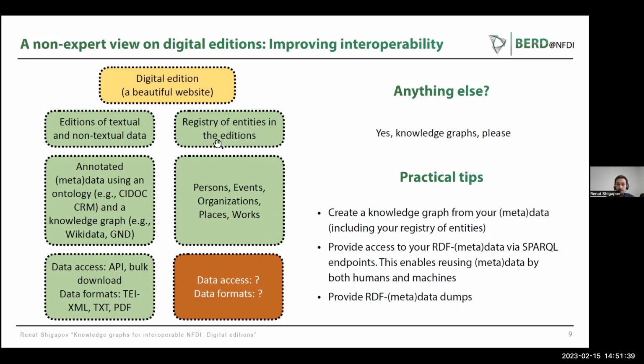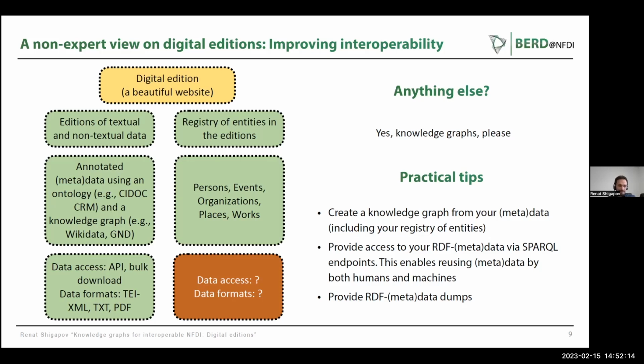For example, this registry of entities in the editions is almost a knowledge graph actually. You have structured metadata in your TEI files. So let's make one step further and create a knowledge graph from this metadata, including your registry of entities, and provide access to this metadata via SPARQL endpoints.